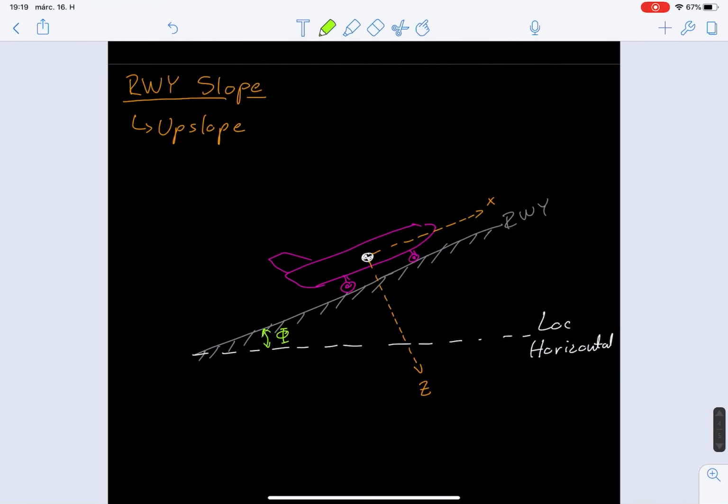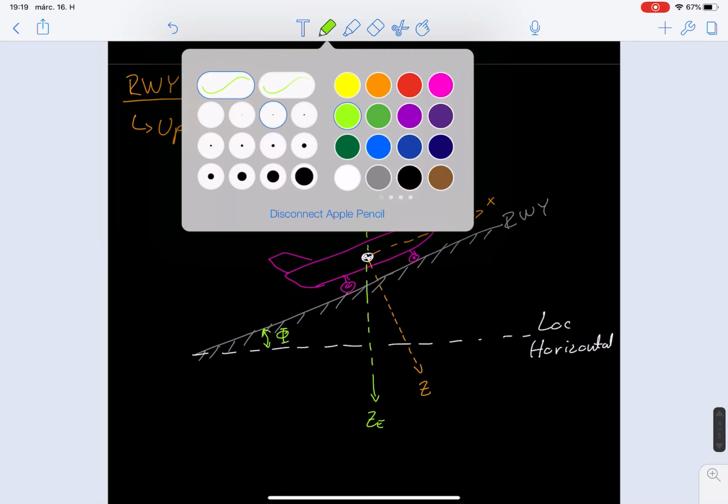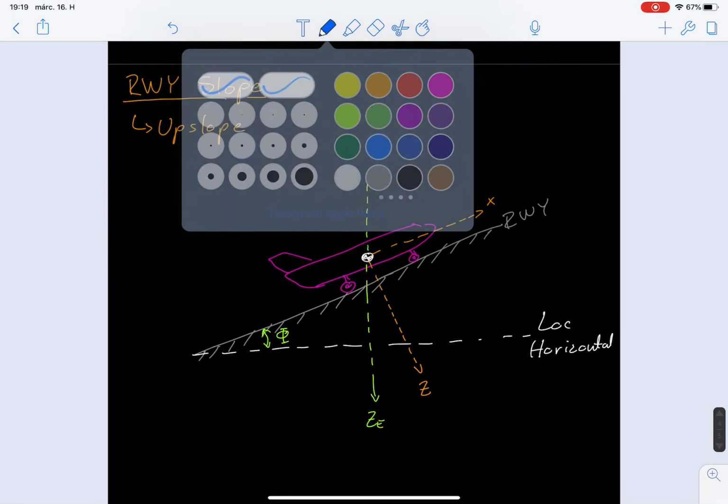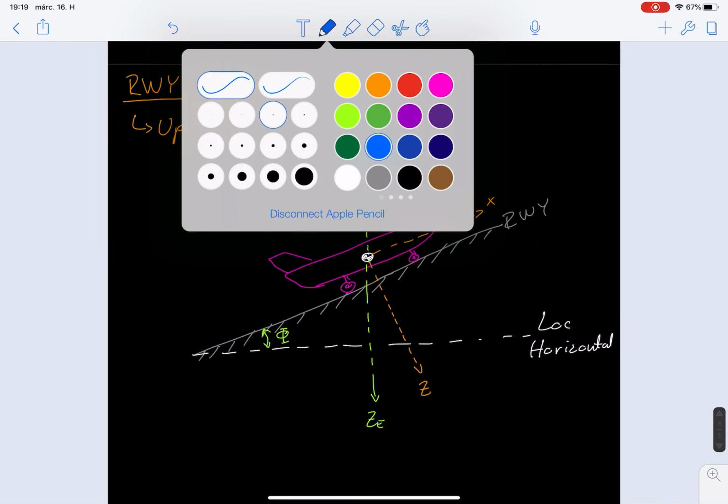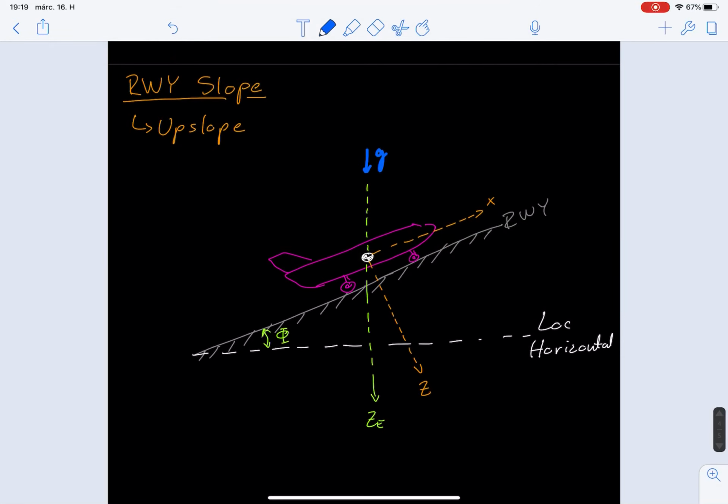And it's also going to have a local vertical axis, right? A local vertical, along which the gravitational acceleration acts. Actually, let's draw this a bit further so it doesn't disrupt the image itself. Okay, so we're also going to have an undisturbed airflow vector.